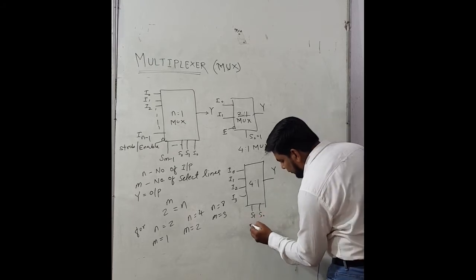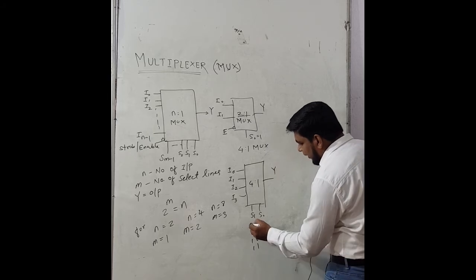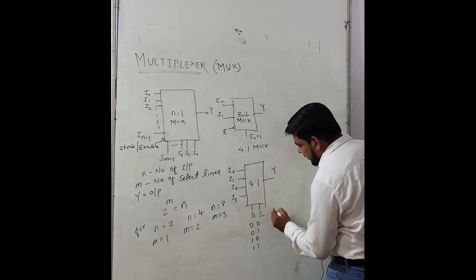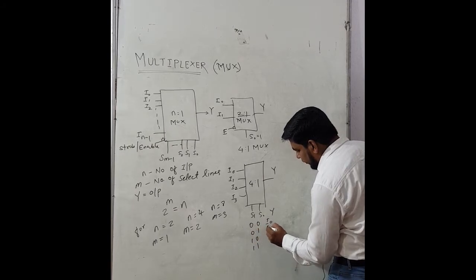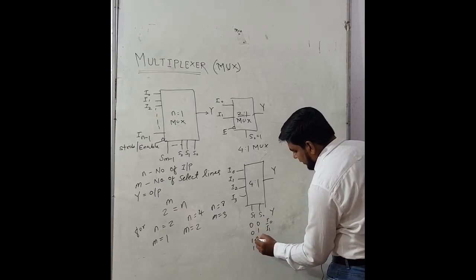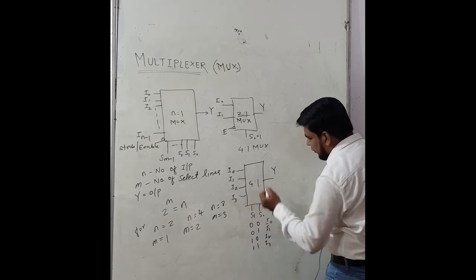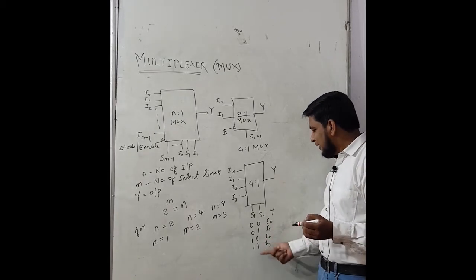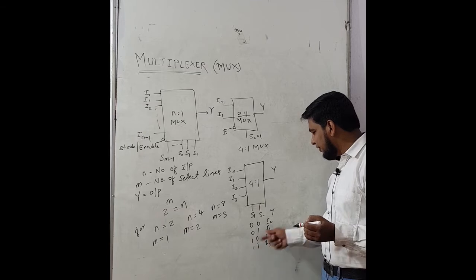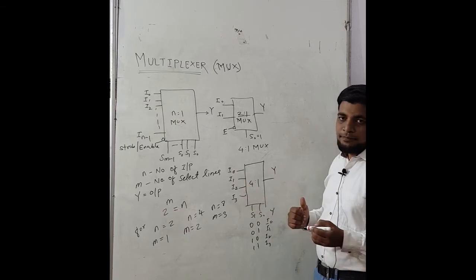Two variables are there, so the possibilities are 00, 01, 10 and 11. When it is 00, the output is connected to I0. When it is 01, the output is connected to I1. When it is 10, the output is connected to I2. When it is 11, I3 is connected to the output. Likewise, based on the select lines, that particular input is applied to the output.